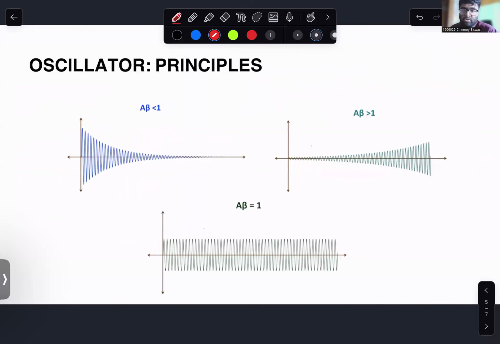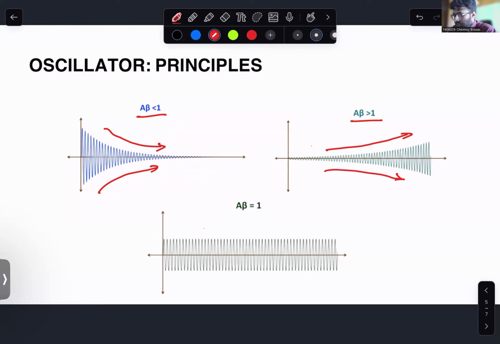So if this loop gain A times beta is less than 1, in that case, over the period of time, the input signal will die out. And when the loop gain is greater than 1, the oscillations in the circuit will build up. So in both cases, we are not getting a sustained oscillation.